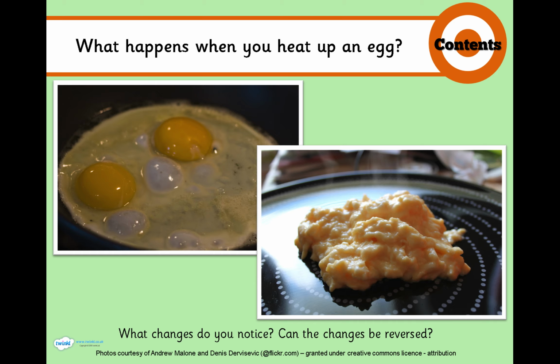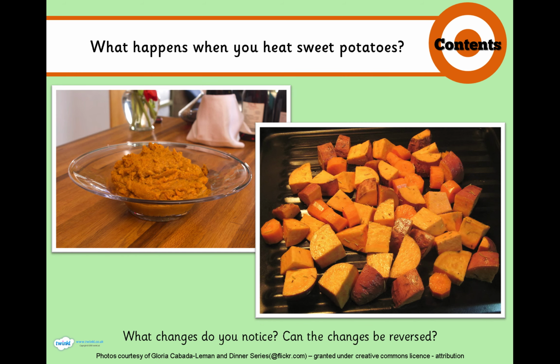Once you heat the egg, all the proteins start to react and create something else, and the form of the proteins in the egg changes, so a new material or a new form of the egg appears. Now how about sweet potatoes, or just potatoes in general?